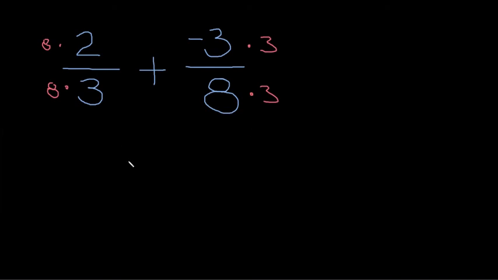And then we go ahead and make our new fractions that are the same value. 3 times 8 is 24. Our denominators are going to be 24.